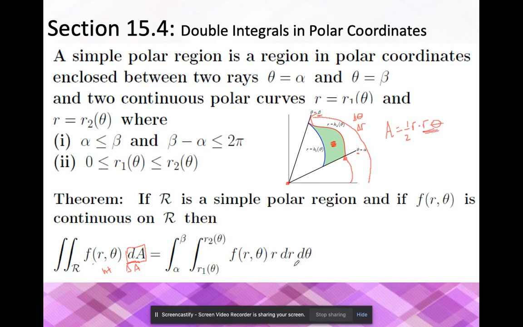Look at what the change of area has turned into. Not just dr d theta, right? There is an extra r from the area. So it's r dr d theta. That is my dA.